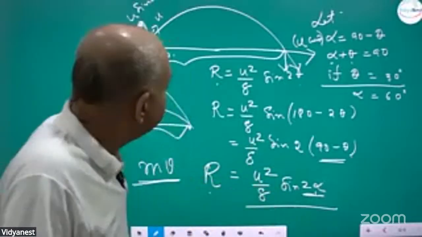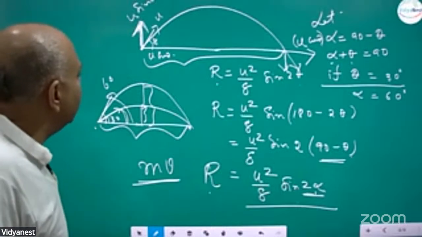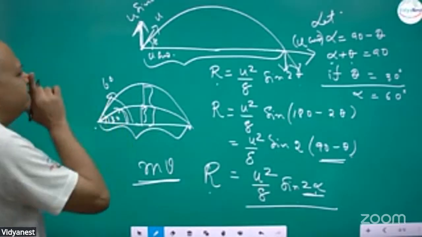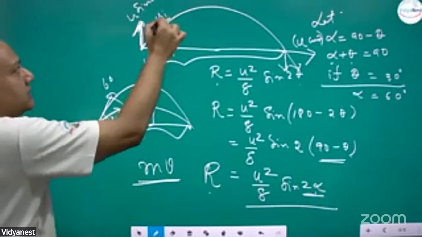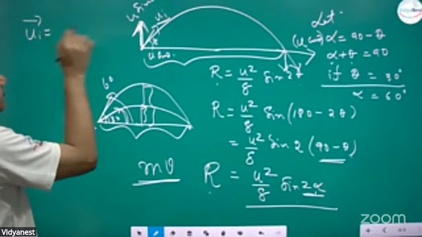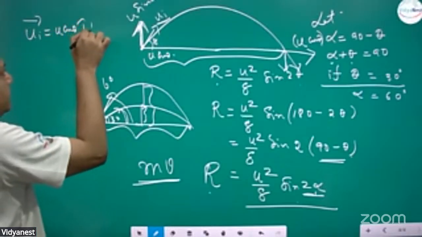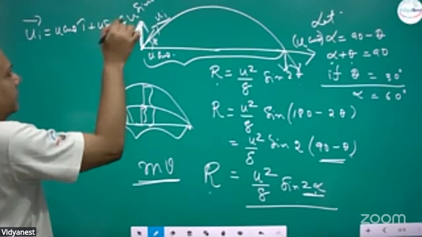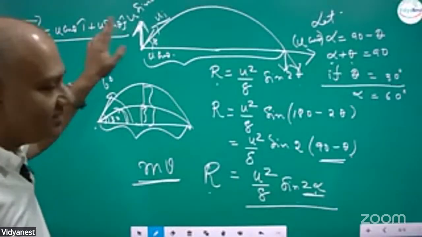So now you can express the momentum, mass into velocity. The initial velocity, let's take it as ui, can be written as u cos theta i cap plus u sin theta j cap.